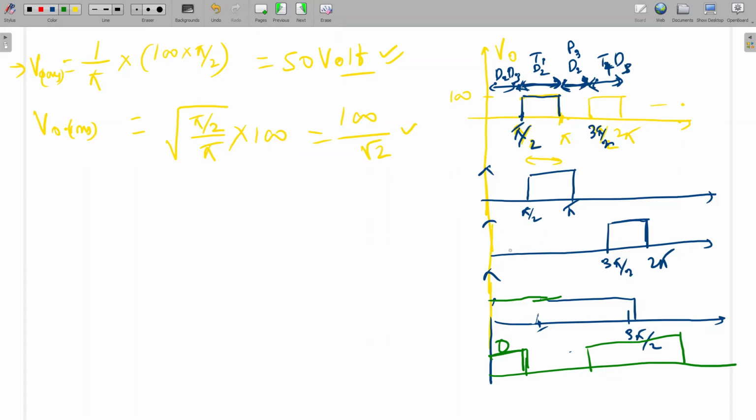Not clear, sir. Okay, so now we can calculate easily what will be the RMS value for T1 and T2. IT1 RMS should be equal to IT2 RMS. How much time is it conducting? Pi minus pi by 2, that is pi by 2, and the total period is 2 pi. So it will be pi by 2 divided by 2 pi, which is 0.5.